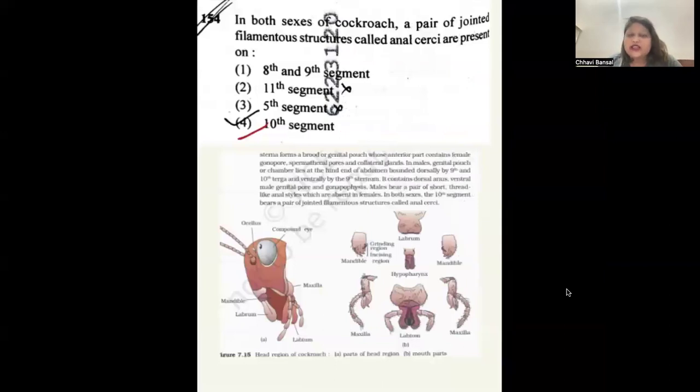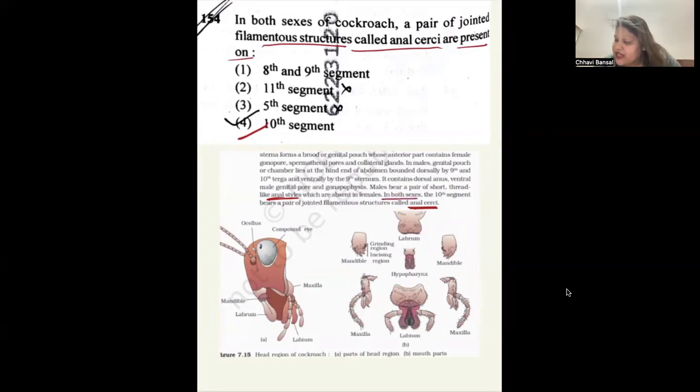Now, the question says, in both sexes of cockroach, a pair of jointed filamentous structure called anal cerci are present. Right. So we know there are two things that are present, anal style and anal cerci. But anal style is present in males only, whereas anal cerci is present in both male and female. Let's read.